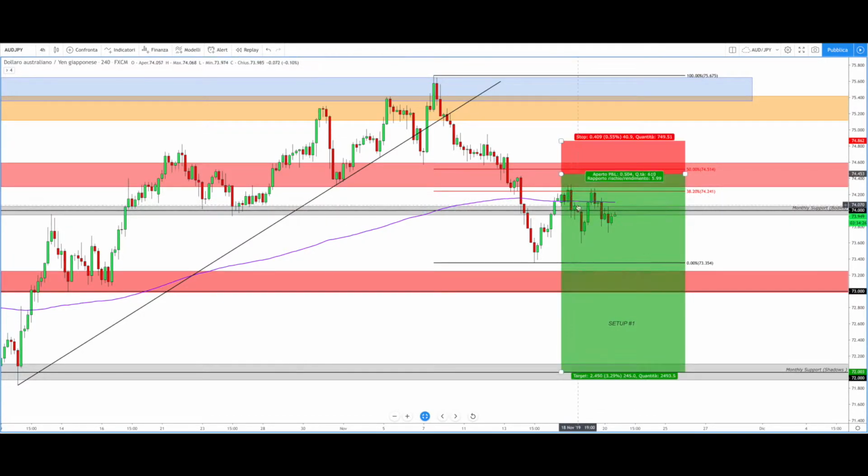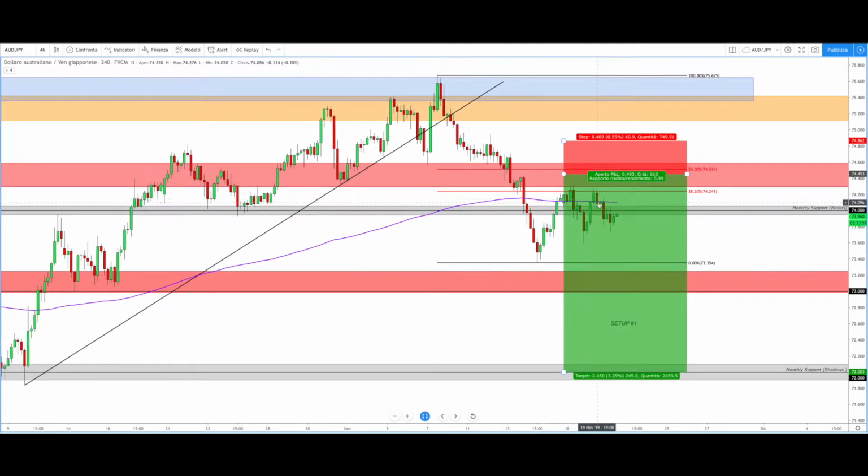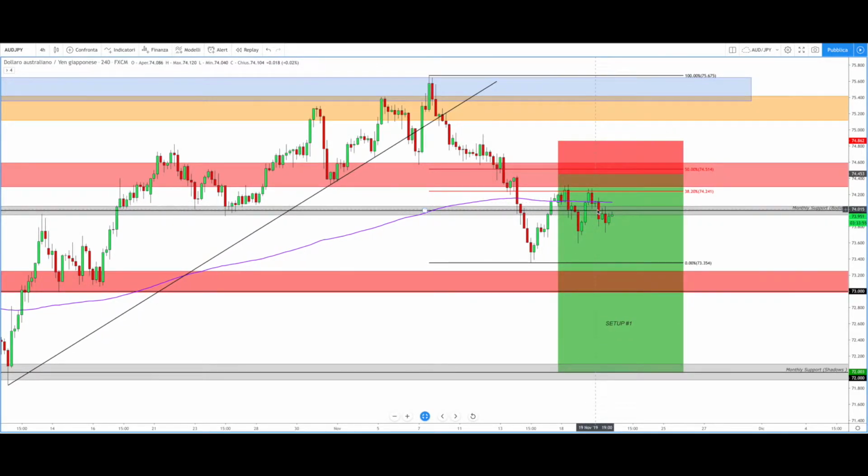The price didn't break this key level but stayed above. Then with this 4-hour candle the price broke this key level, and this was a massive confirmation, but we can see that the price failed to go lower and found the strength to start a new bullish movement that yesterday morning brought the price again above the monthly support 7.4 and also to touch again this Fibonacci retracement 38.20.